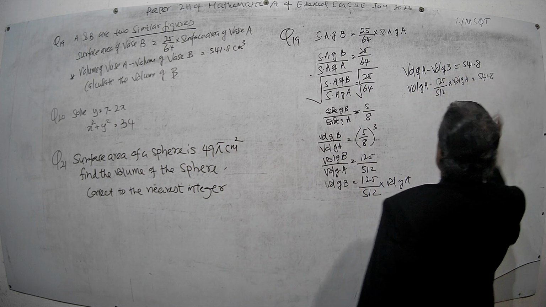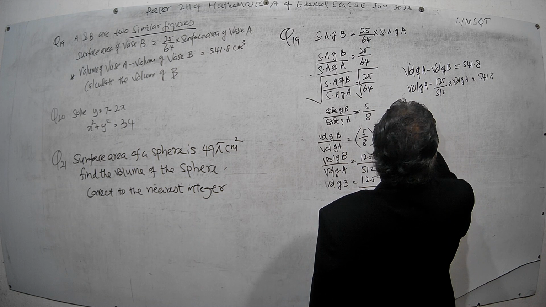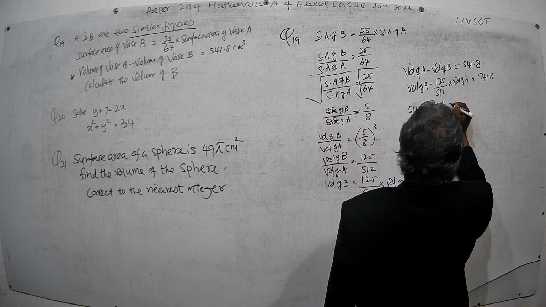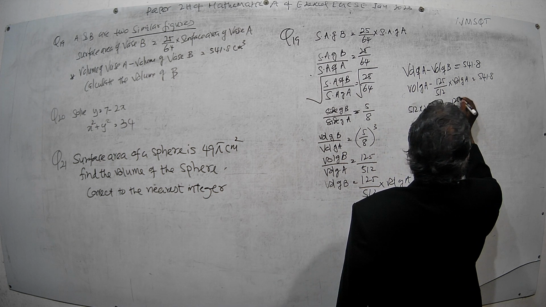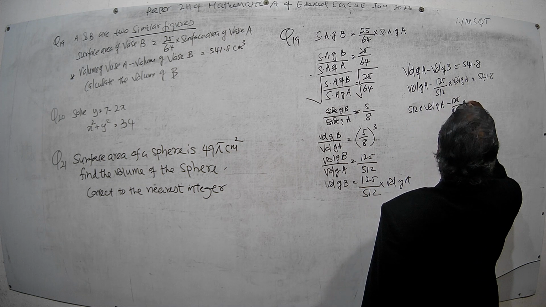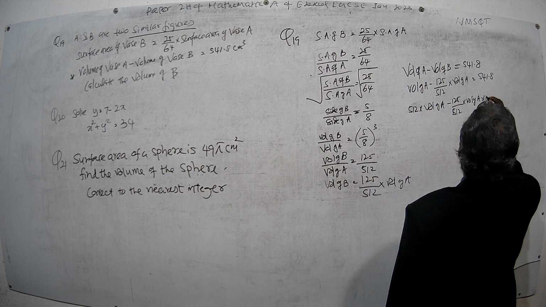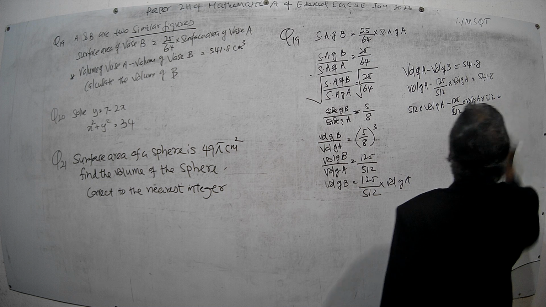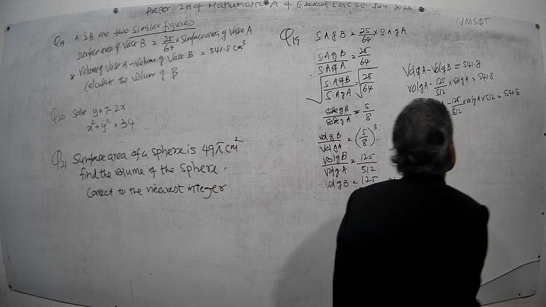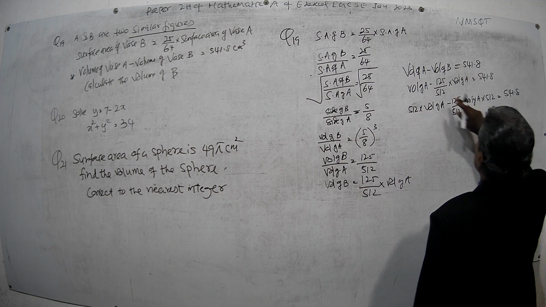Then you can write 512 into volume of A, minus 125 over 512 into volume of A into 512, equals 541.8 into 512, that is also to be multiplied by 512.